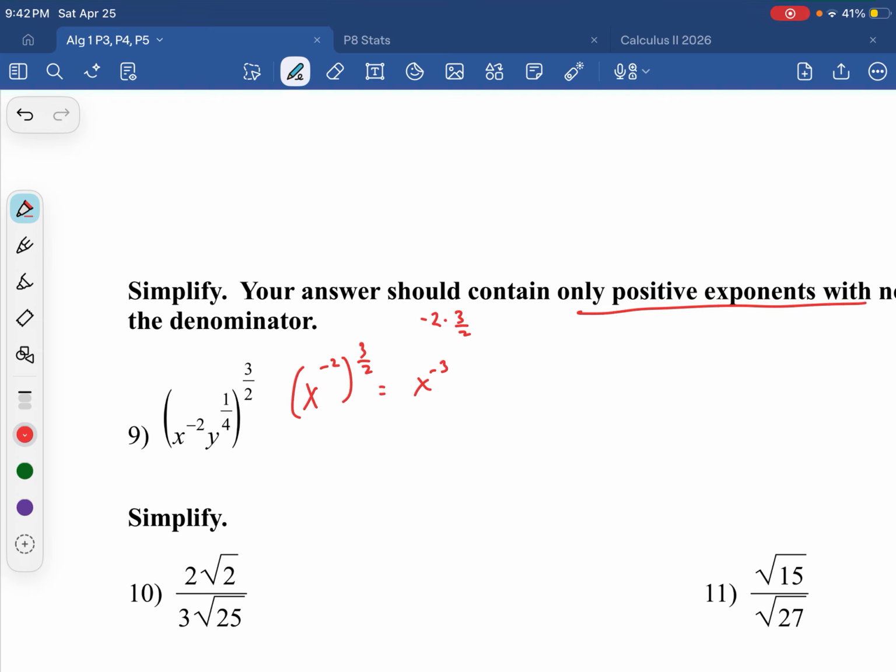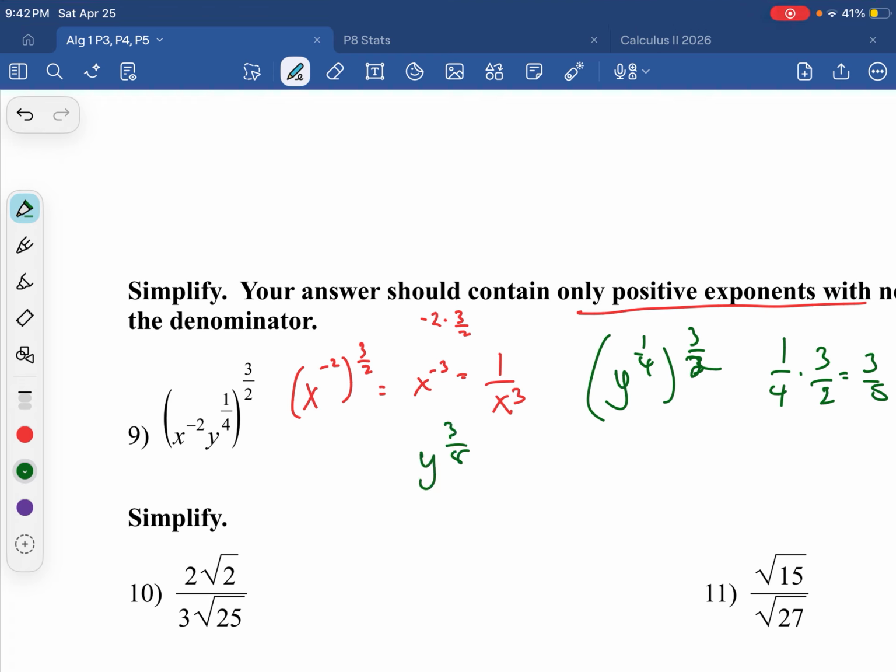Again, they're asking for only positive exponents, so I'd write this as 1 over x cubed. Y to the 1/4 raised to the 3/2. I'm multiplying 1/4 times 3/2. Sorry, that should be a 2. This is 3/8. So y to the 3/8 in the numerator over x to the 3rd.